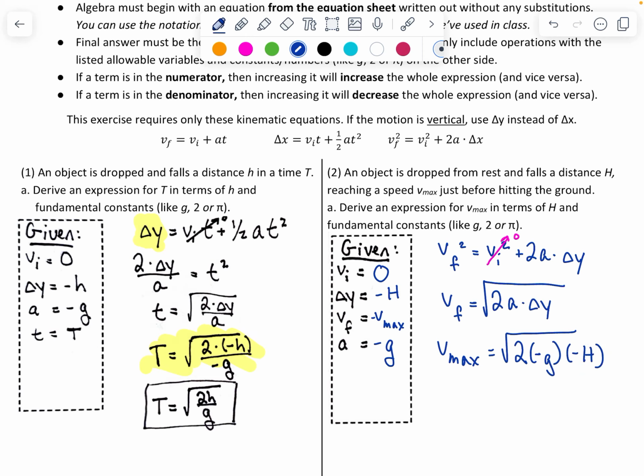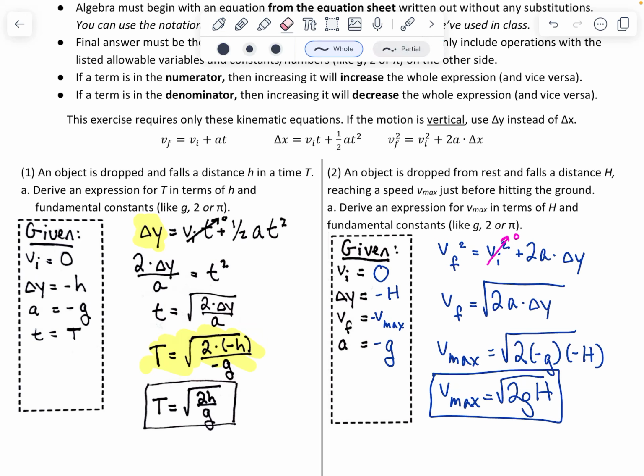And the negatives cancel. There we go. So checking back that I only have what I'm allowed in terms of h and fundamental constants. All right, we're good. Okay, this negative's bothering me.